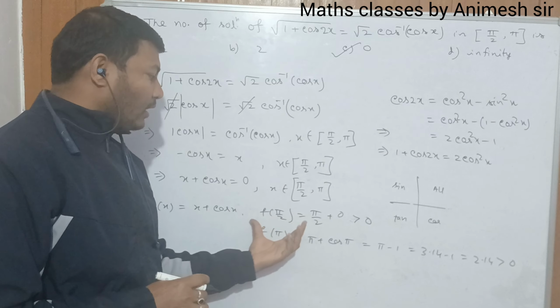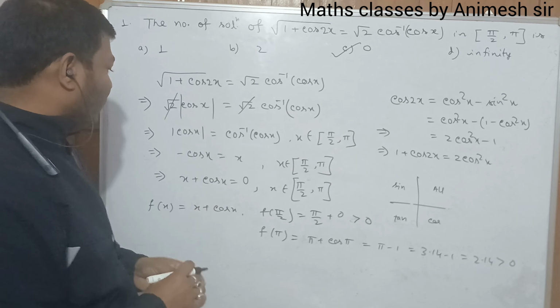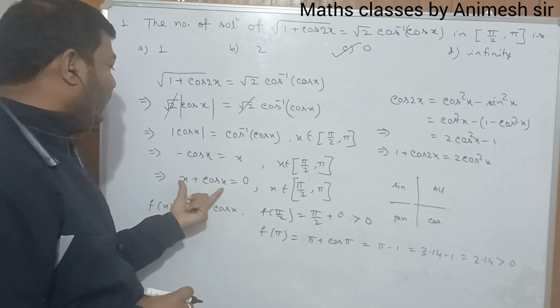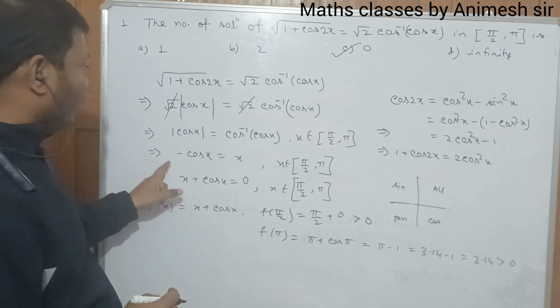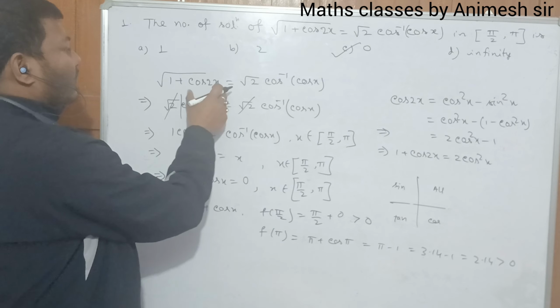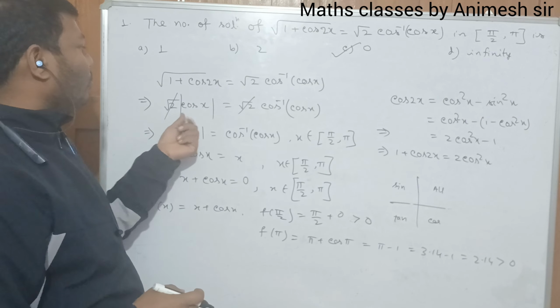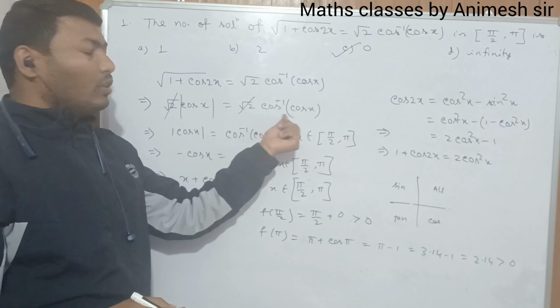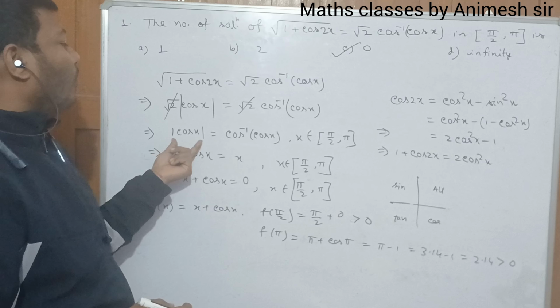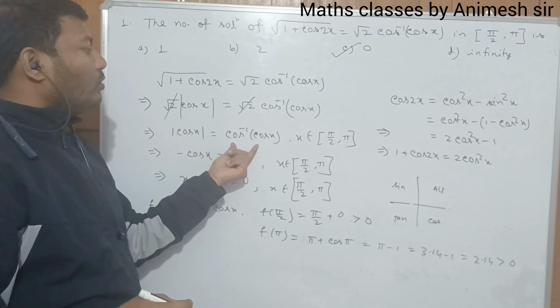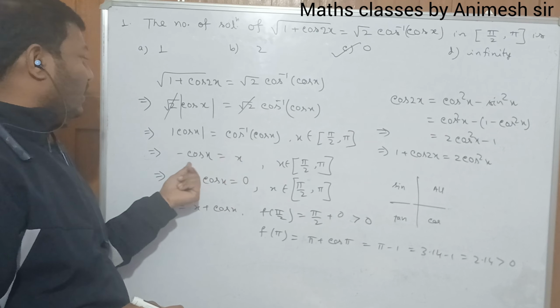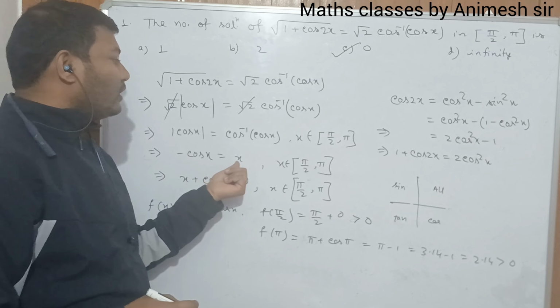Once again, I am repeating the same concept here. Here x plus cos x equals 0. From 1 plus cos 2x, this will give root 2 mod of cos x equals root 2 cos inverse cos x. Now mod of cos x equals cos inverse cos x will give minus cos x equals x.